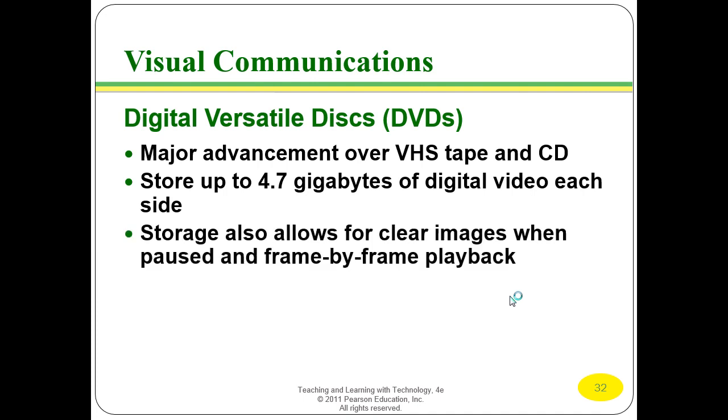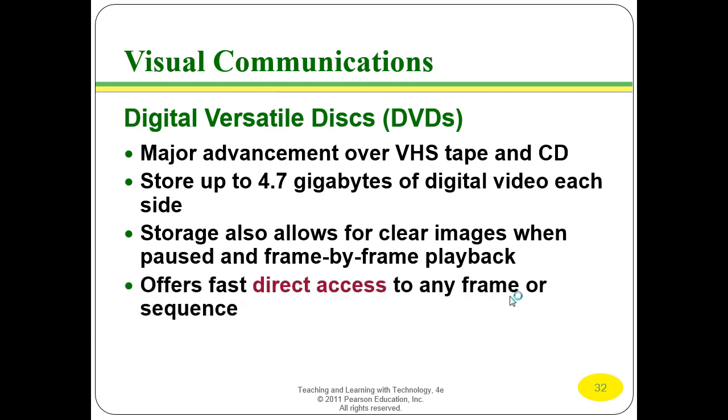It allows for clear image playback when we pause them or go frame by frame. If you want to slow the movement down, you don't lose any quality on your picture. And so many of the players have ways that you and I can directly access any frame or sequence on the DVD itself.